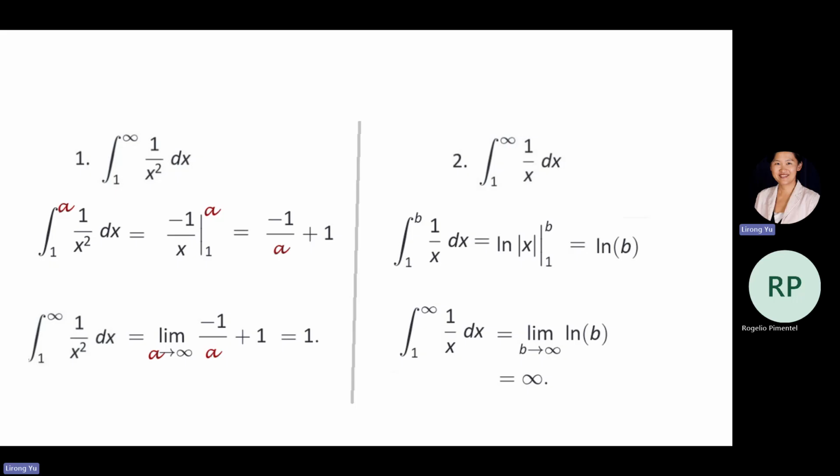The answer is infinity. Like ln of 1,000, ln of 10,000, ln of 100,000. You see the number getting bigger and bigger. The limit process when b goes to infinity is b getting larger and larger. What happens to ln b? You can see ln b is getting larger and larger when b gets larger and larger. So that's why we see the limit equals infinity.